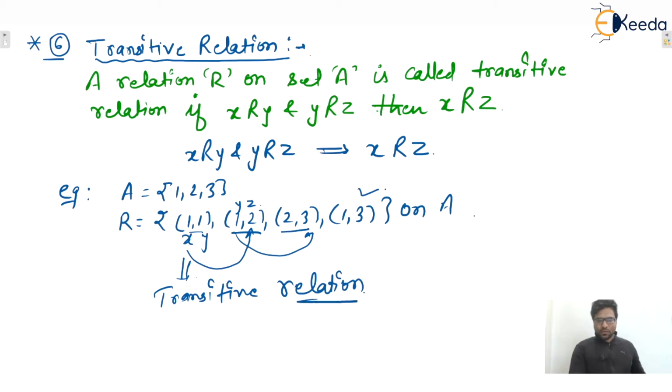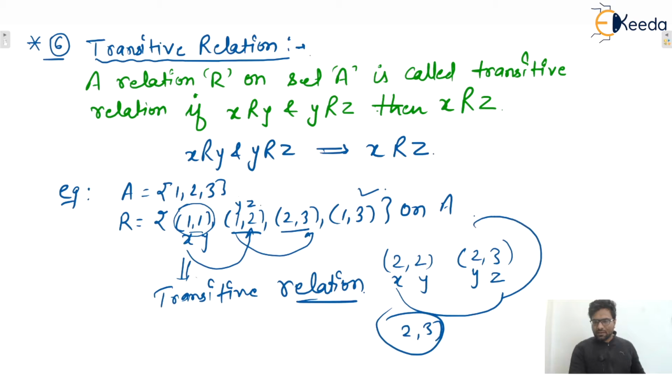Remember one more thing, no need to check with any self loop. Let us consider one self loop, (2,2), and here (2,3). Let's say this is X, this is Y, this is Y, then Z, then XZ will be what? That is (2,3) only, which is already present in the relation. So there is no need to check with the self loops. Other than self loops, you can take pairs of ordered pairs.